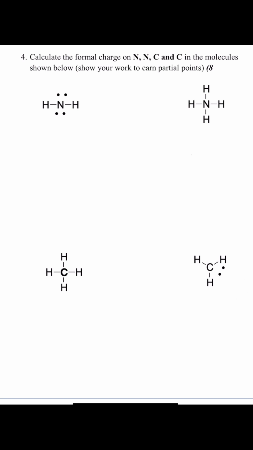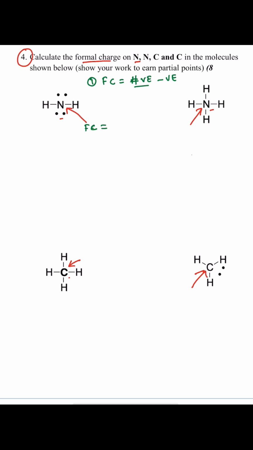Last question, number 4. Calculate the formal charge on nitrogen. So basically we're looking at that nitrogen, this nitrogen, that carbon, and that carbon. Formal charge equals the number of valence electrons in the free atom minus the valence electrons in the atom.